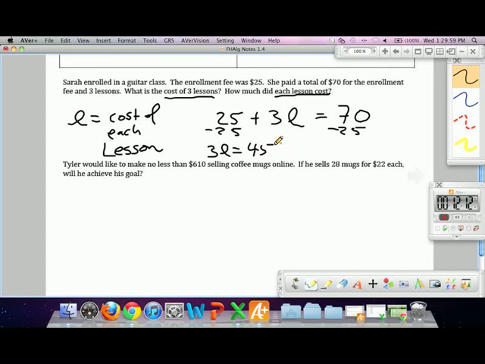So that means 3 lessons is $45. And then what's 1 lesson cost? Divide each side by 3 and you get L is 15, or 1 lesson is $15.